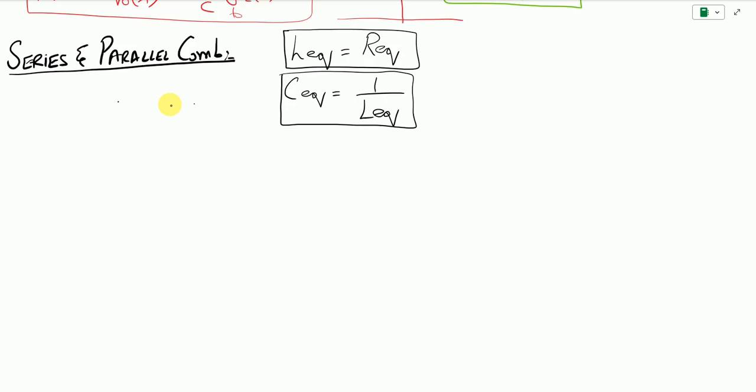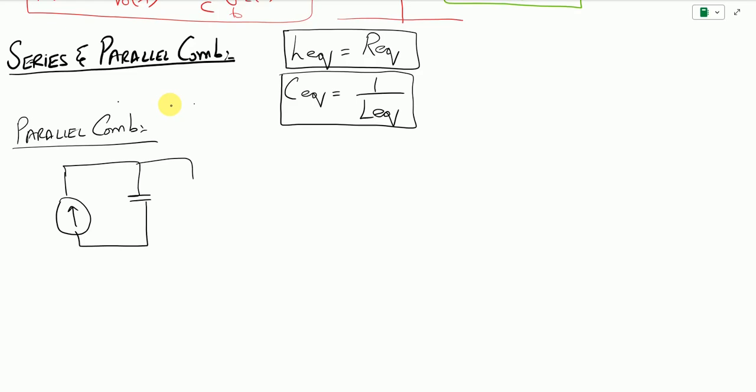What does it mean? Let us take the scenario where we have a parallel combination. In a parallel combination for capacitors, we consider a current source connected to capacitor number 1, capacitor number 2, and capacitor number 3. So this is my current source, this is C1, C2 and C3. The currents are going to be different: this is IC1, IC2 and IC3.